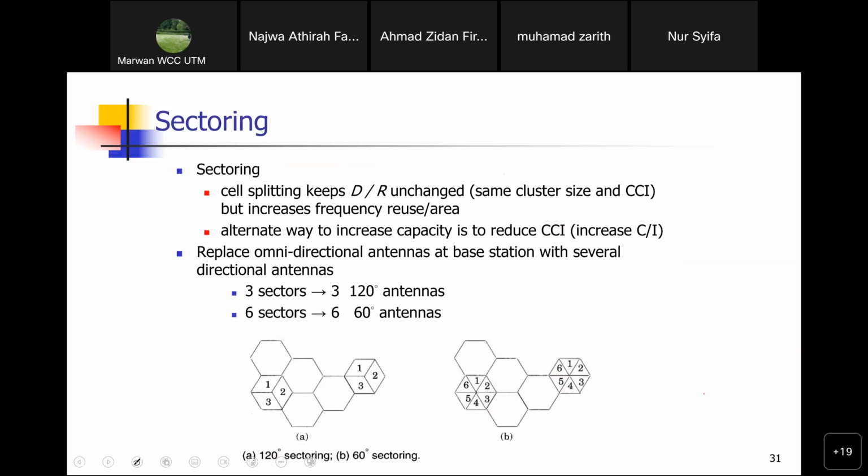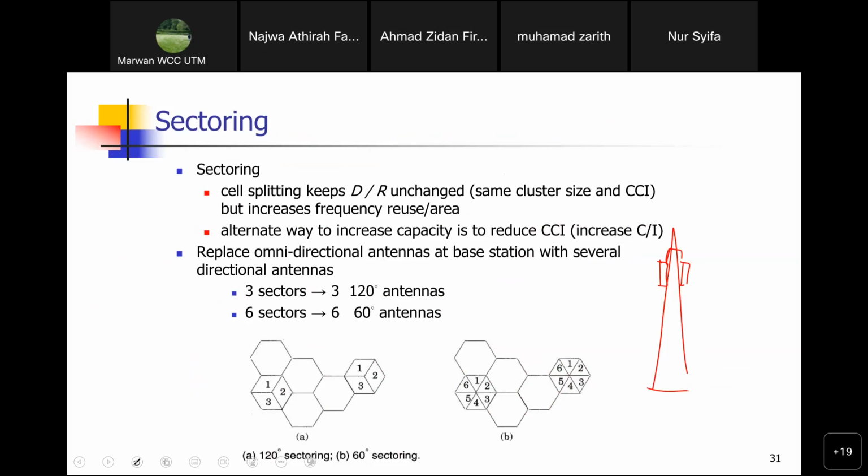You divide into 6. So the tower is just the tower, but instead of one antenna covering, you need to have 3 sides, and at the back another one. If you look at the tower, normally there are 3 antennas.